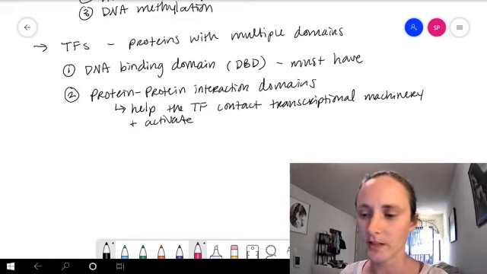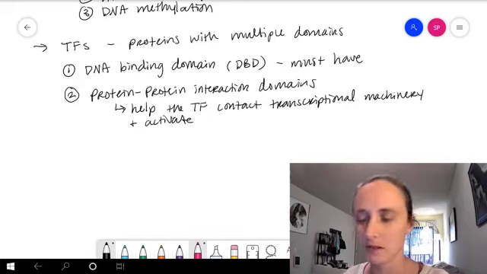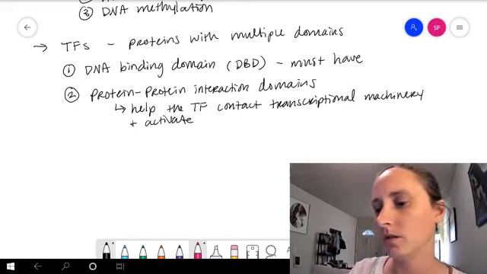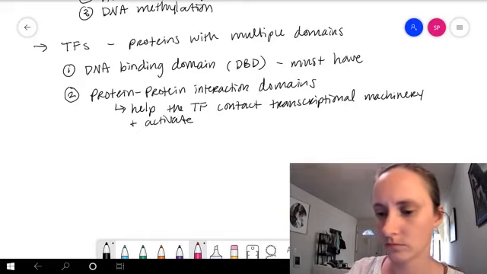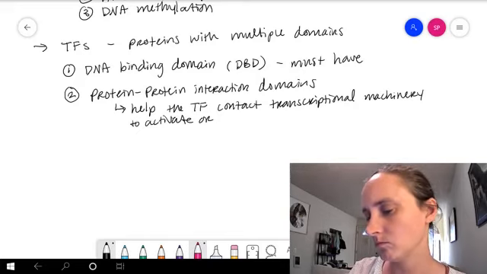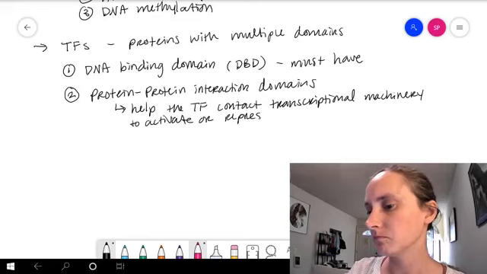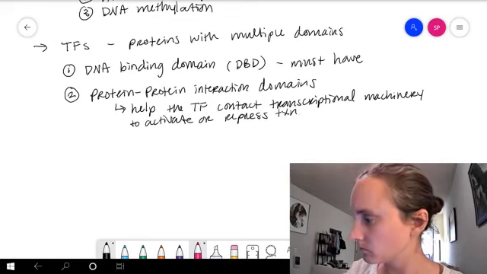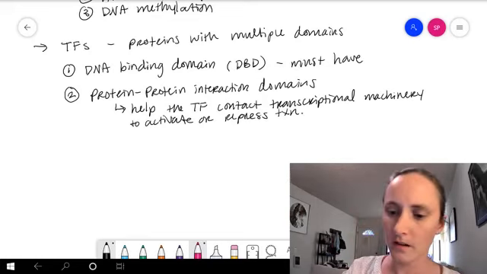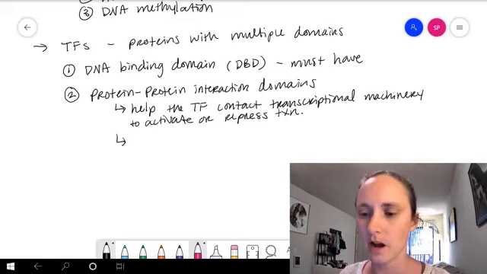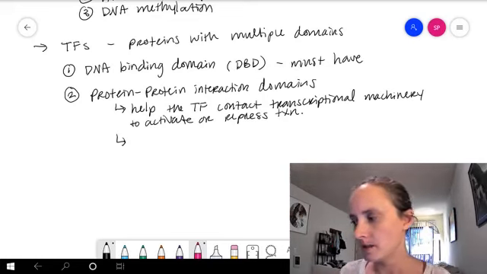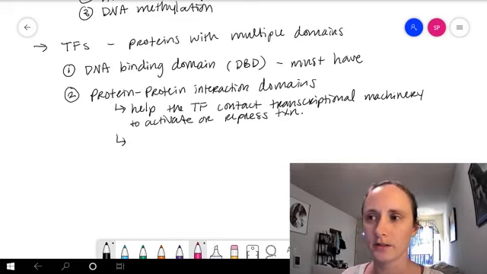Transcription factors can activate or repress transcription, as you may imagine, and we'll show an example of each. Another thing that a protein-protein interaction domain might be able to do is to help transcription factors connect with other transcription factors of the same kind.